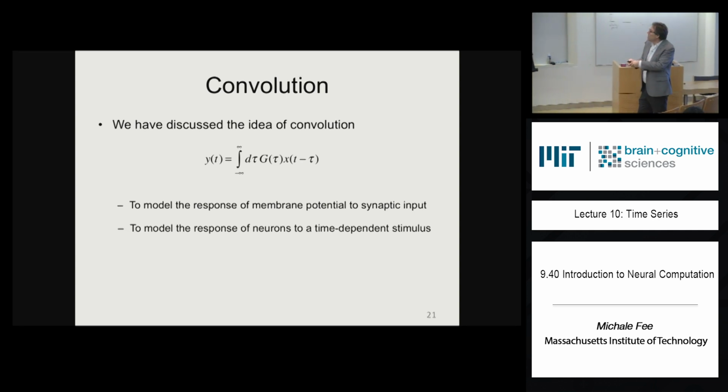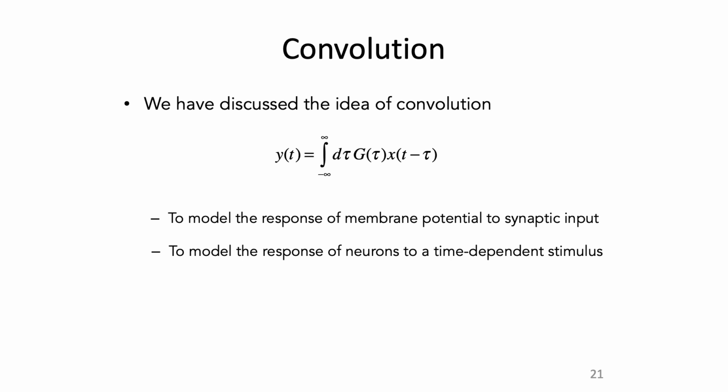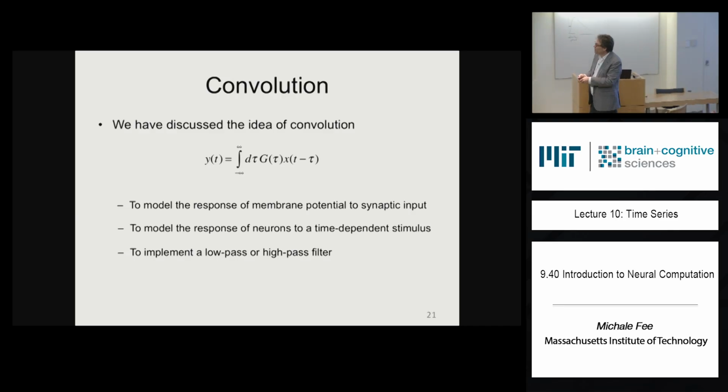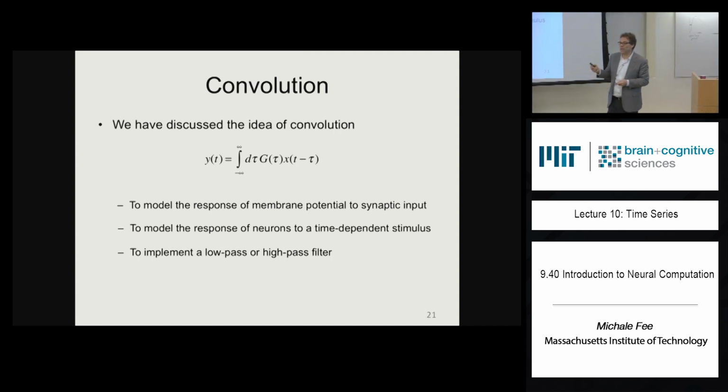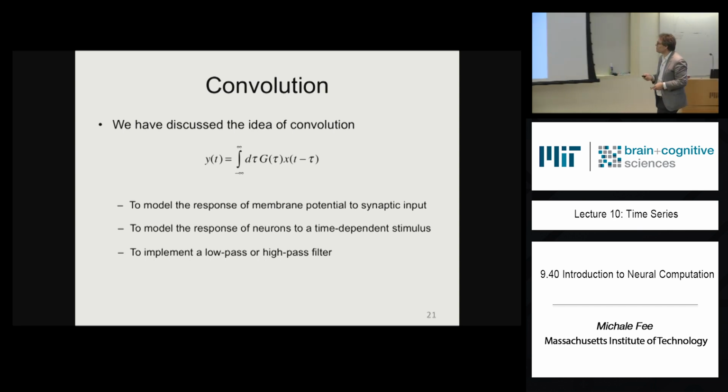We've used it to model the response of neurons to a time-dependent stimulus. I've also described how you can use it to implement a low-pass filter or high-pass filter, for extracting low-frequency signals to get the local field potential out of neurons, or doing a high-pass filter to get rid of the low-frequency signals so that you can see the spikes.